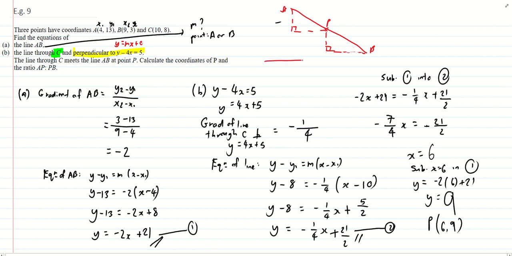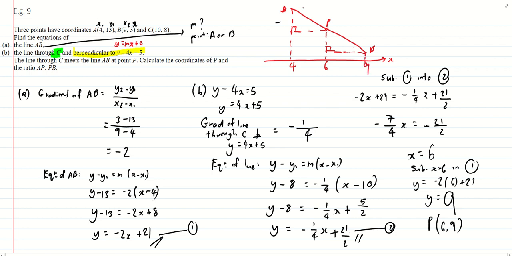And you realize that I can choose to do this with y coordinates or x coordinates, but point A is at 4, point P is, as we have just found, 6, and point B will be at 9.